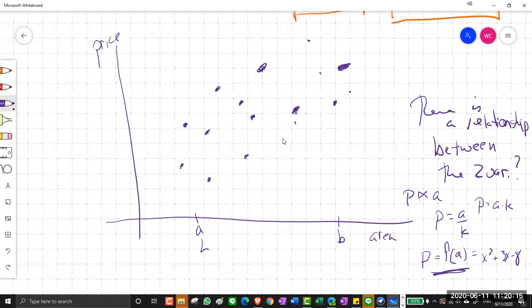But anyway, it means that we can make some kind of prediction based on knowing the value of A. Okay, does everyone understand this idea? Okay, so that's what we mean by a model. It means that there's some relationship between the input variable area and price.